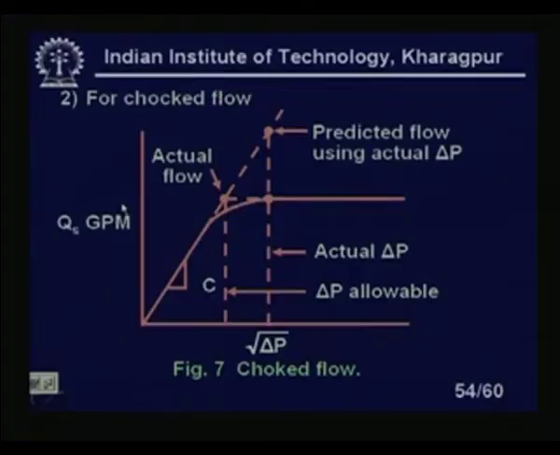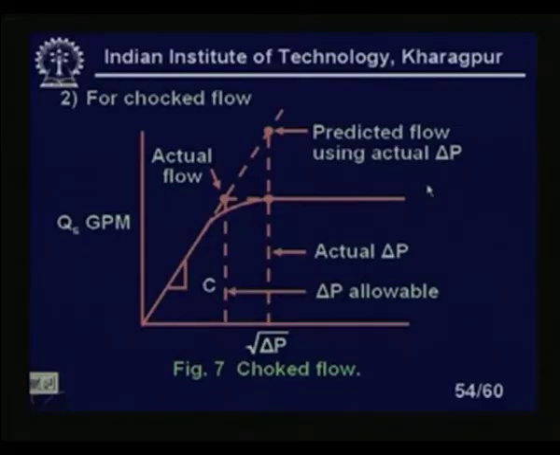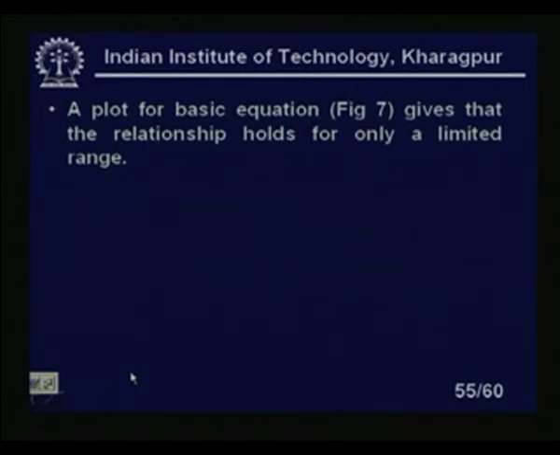It will saturate, so increasing the differential pressure will not increase the flow through the pipe. This region we call choked flow. The allowable delta P and the actual delta P, you see, so the flow predicted using the actual delta P, this is the choked flow we are talking about. A plot of the basic equations in figure 7 gives that relationship. What is figure 7?